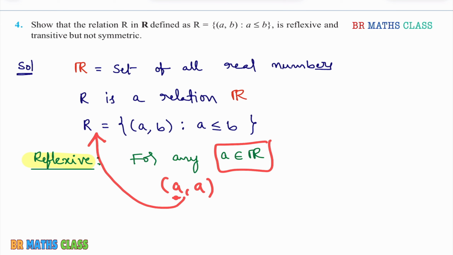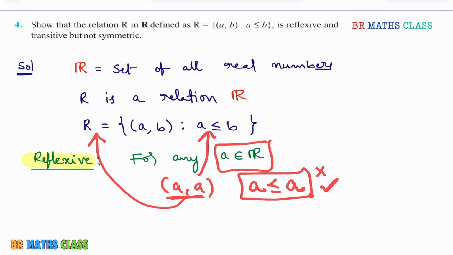First point, a is a real number. The ordered pair (a, a) belongs to this relation if it satisfies this condition: is a less than or equal to a? a cannot be less than a, so the first condition fails. Is a equal to a? Yes, the second condition is satisfied, a equals a. From that, I can say that this inequality is true. As this inequality is true, the ordered pair (a, a) belongs to the relation.